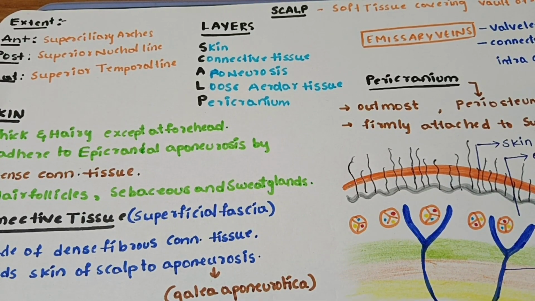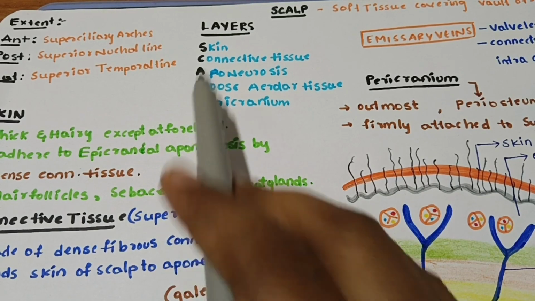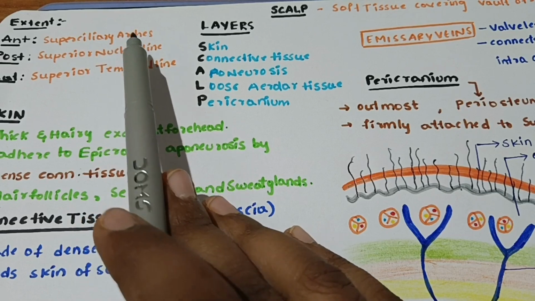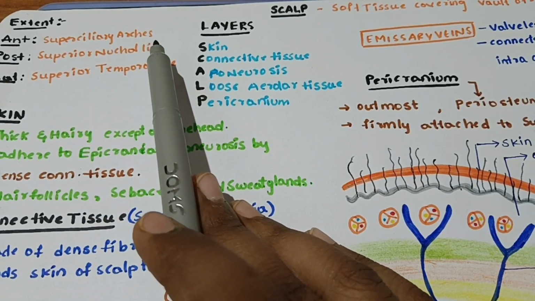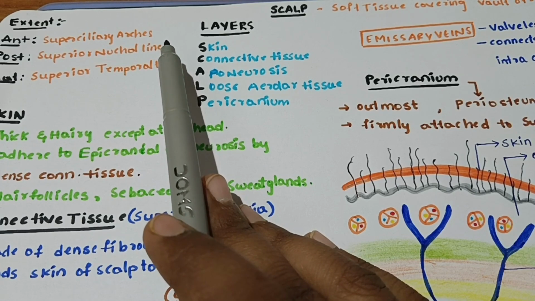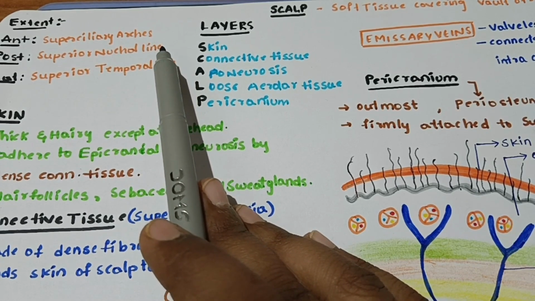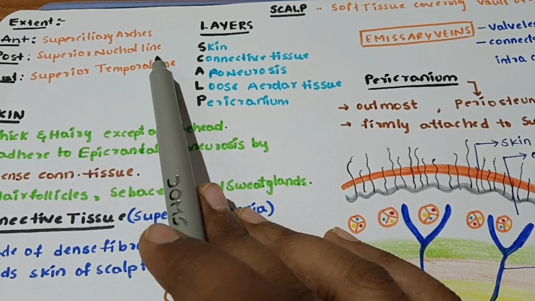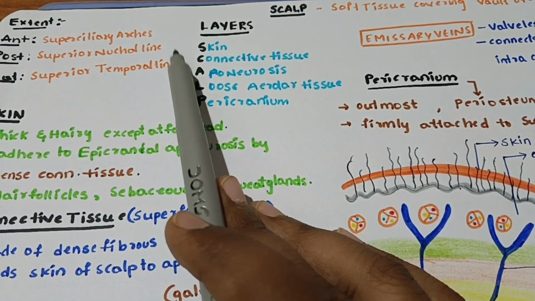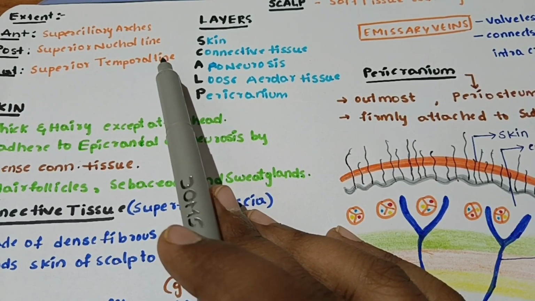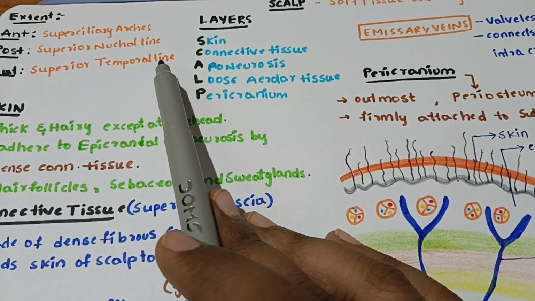We have the transverse nuchal line, superior nuchal line and inferior nuchal line, but posteriorly it extends only up to the superior nuchal line. There is also an inferior temporal line, but it stops at the superior temporal line.